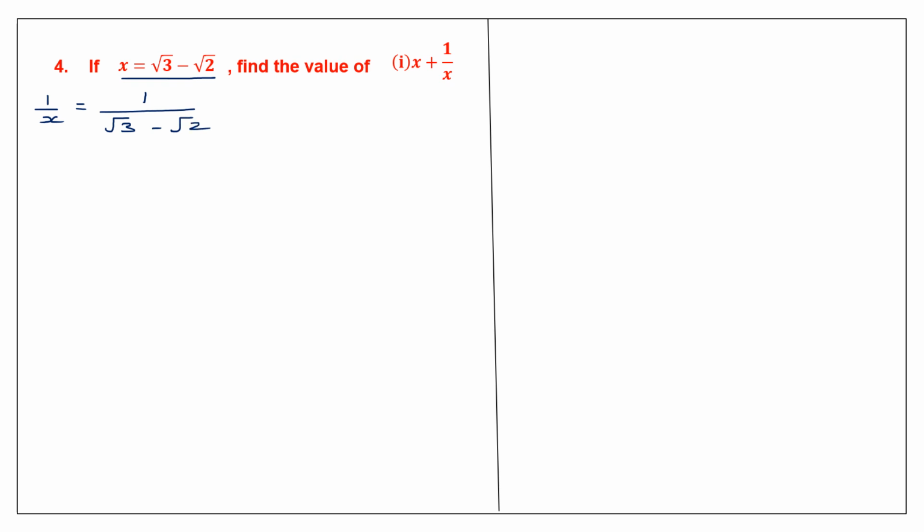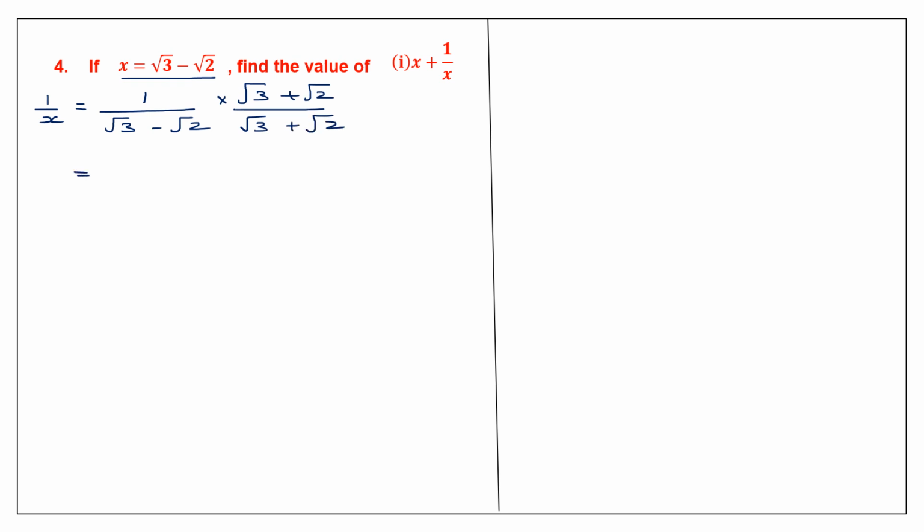Now to rationalize the denominator, we have to get the conjugate of the denominator, that is root 3 plus root 2, and multiply the numerator and denominator by that. So root 3 plus root 2 by root 3 plus root 2.